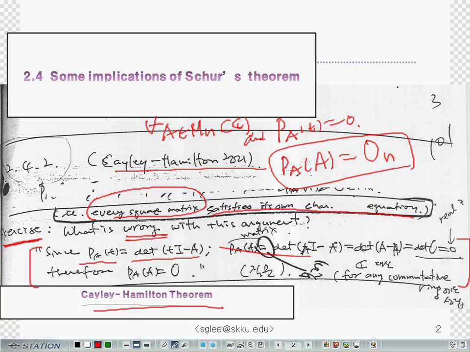So we can put A instead of t. Then we have the determinant of AI minus A, which says the determinant of A minus A, which is the determinant of the zero matrix, which is 0. So we can say p_A(A) is equal to 0. A very simple proof of the Cayley-Hamilton theorem.